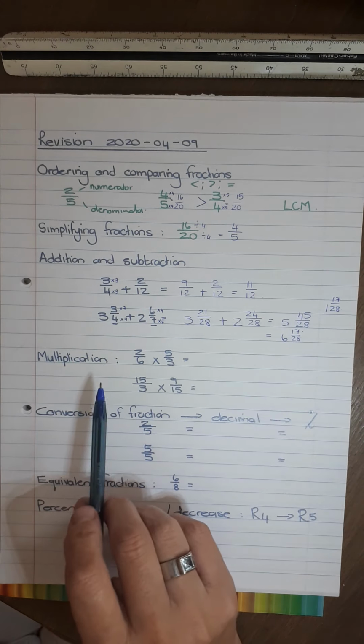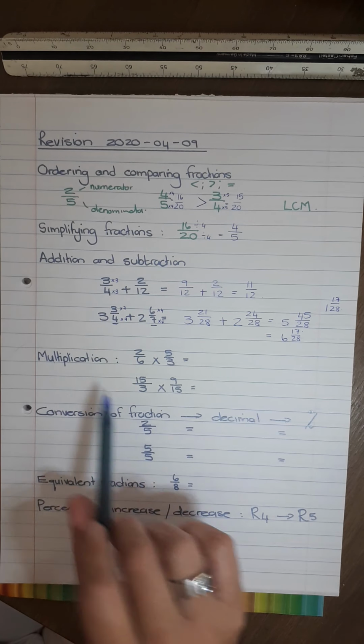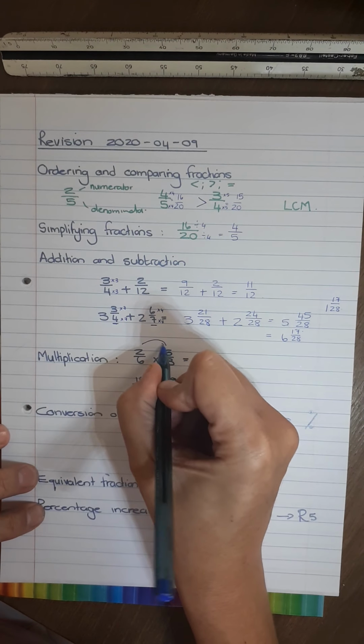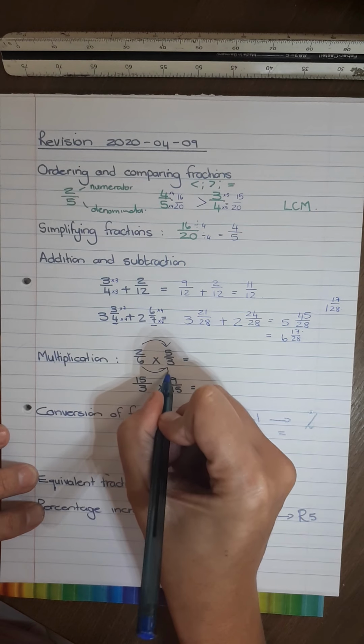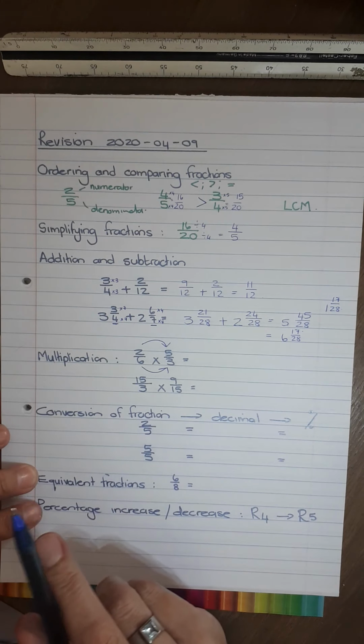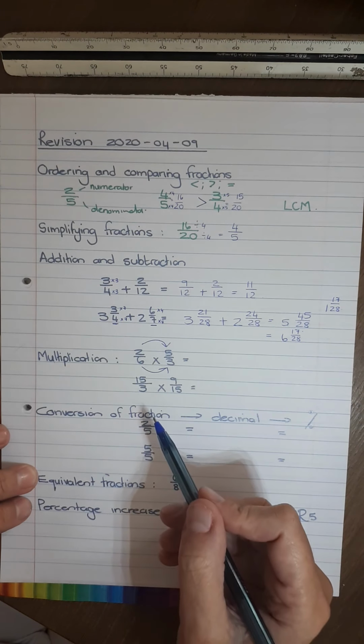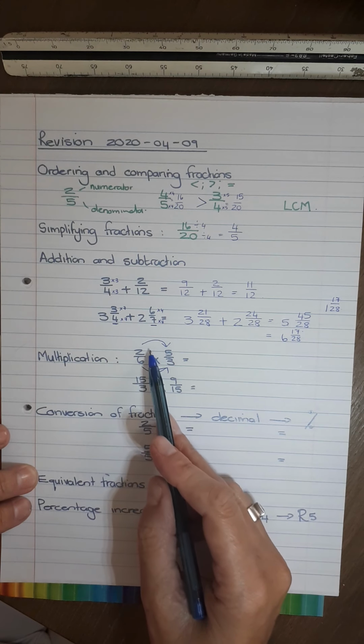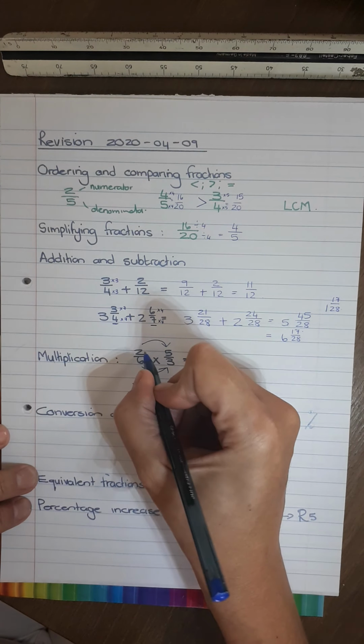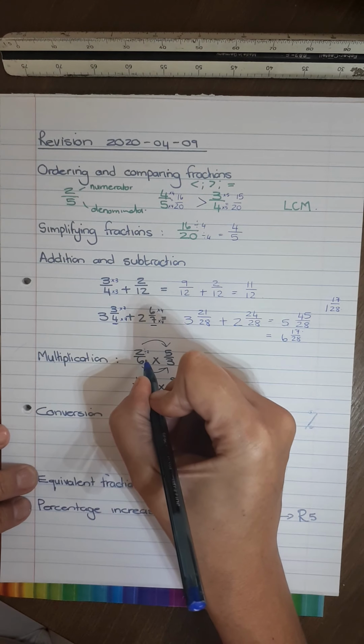Now, multiplication. Multiplication works like this. Top times top and bottom times bottom. But the first thing that I need to do, I need to see if I can simplify. Now, here I see I can simplify this answer. I can say 2 divided by 2 and 6 divided by 2.